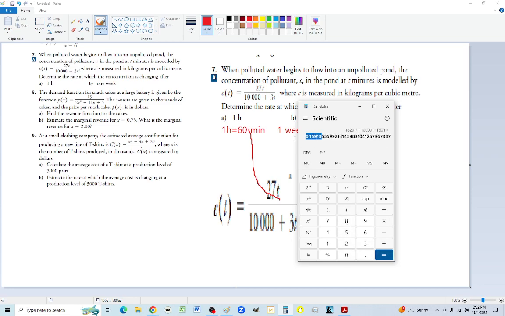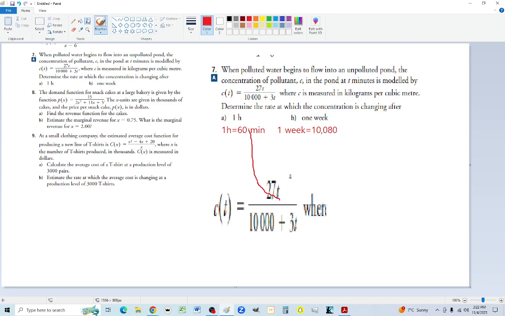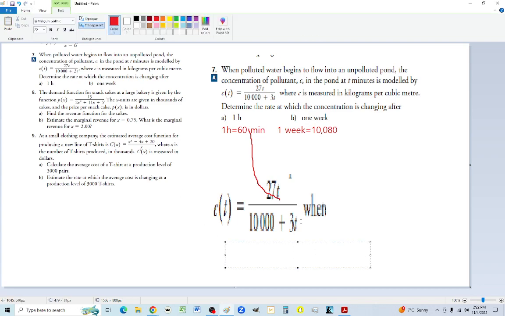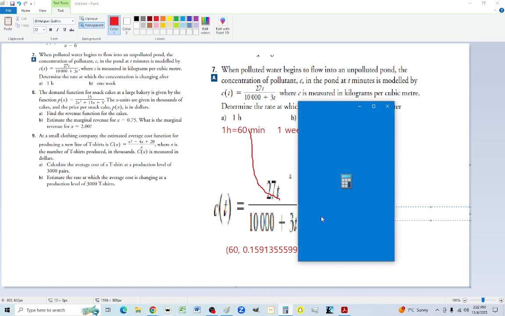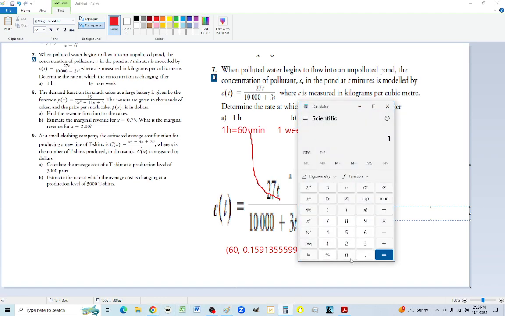So we can see this one's just barely this many kilograms per cubic meter. So this represents the coordinate 60, comma, that. Whereas 10,080 represents this.